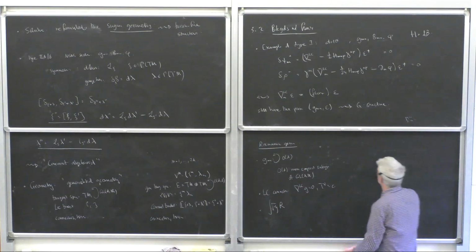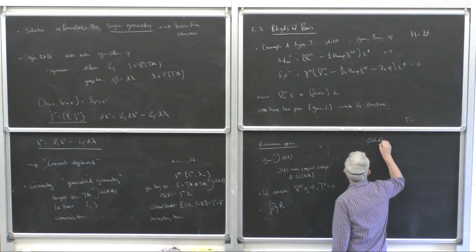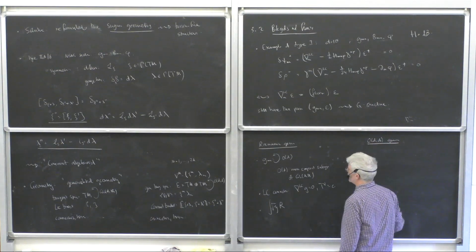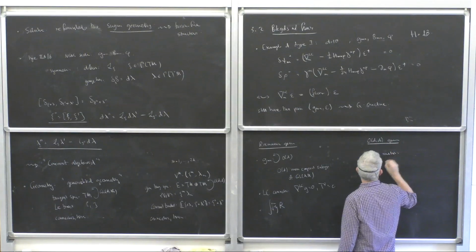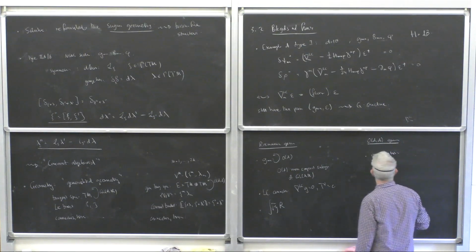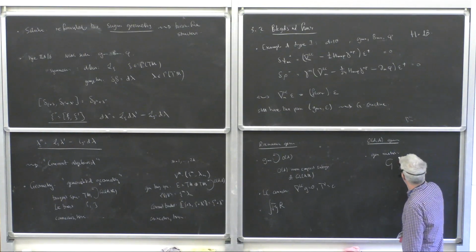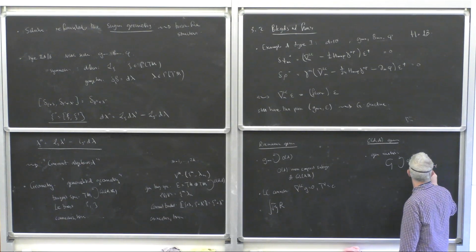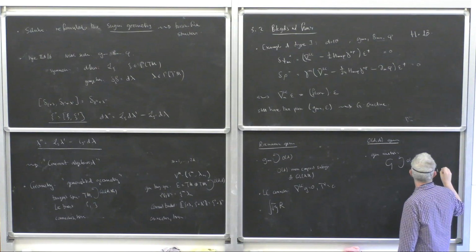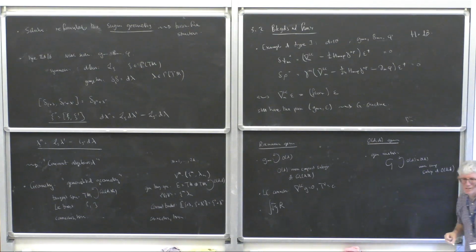So let me do the same thing in O(D,D) geometry. So now I have something called a generalized metric. I'll call it G, because I call everything G. And this is invariant under O(D) times O(D), which is the maximally compact subgroup of O(D,D). So I'm just doing the same thing.